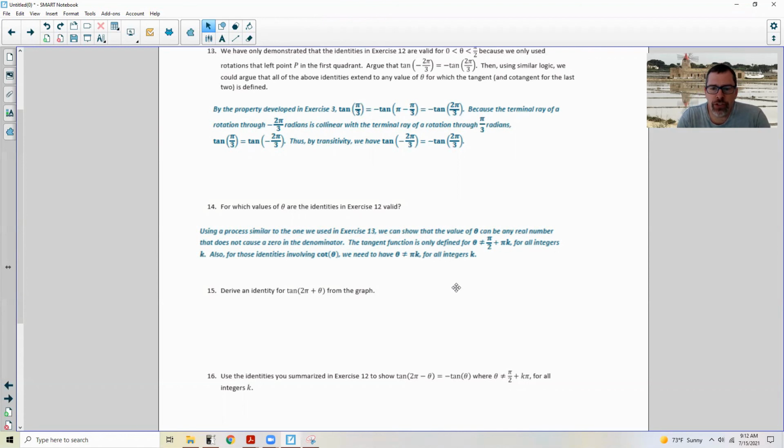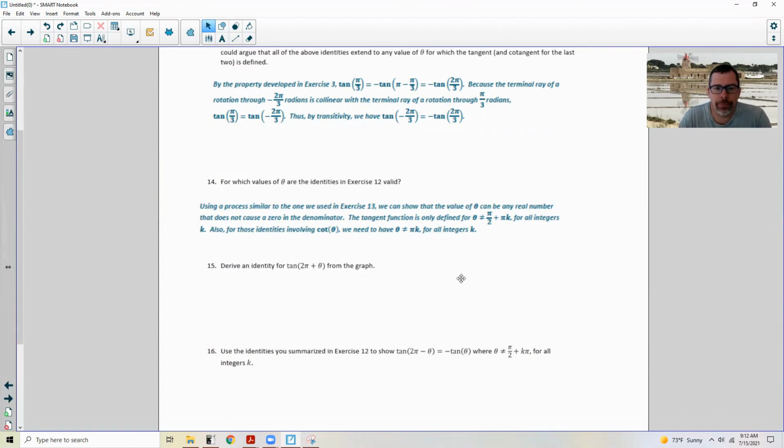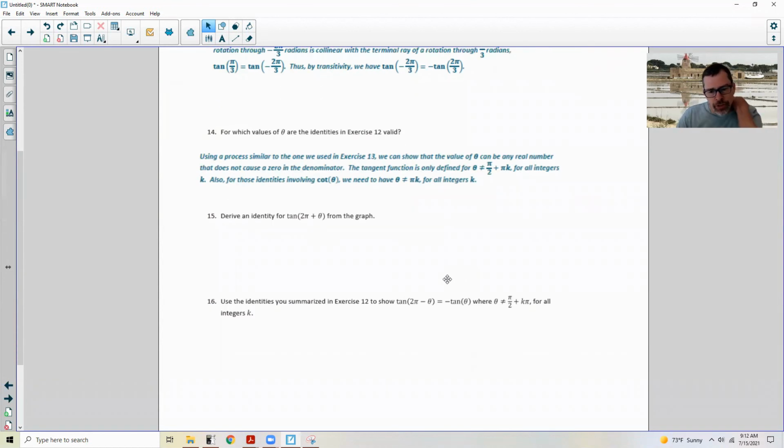The tangent function is only defined for theta not equal to pi over 2 plus pi times some constant k, for all integers k. Also, for those identities involving cotangent theta, we need theta not equal to pi times k for all integers k. So we don't want to choose values that are at 12 o'clock or 6 o'clock on a circle.